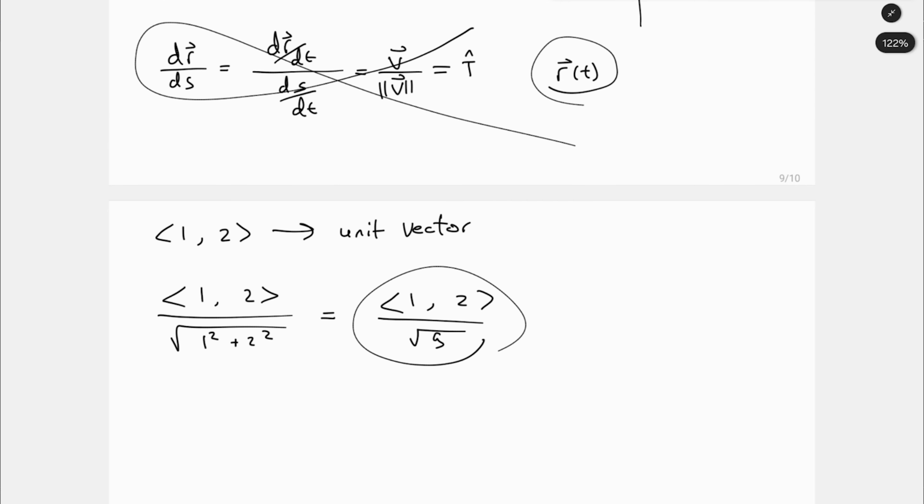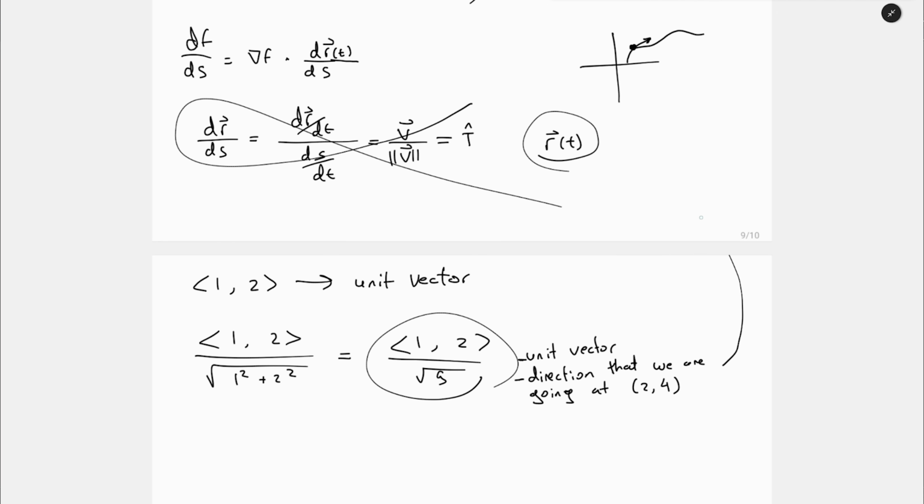So now this is our unit vector direction that we are going at 2, 4.